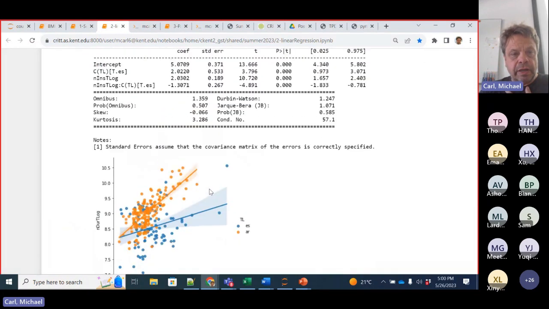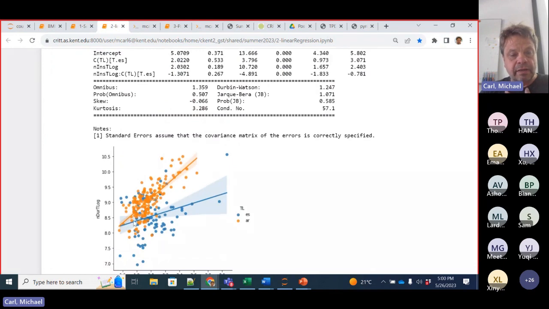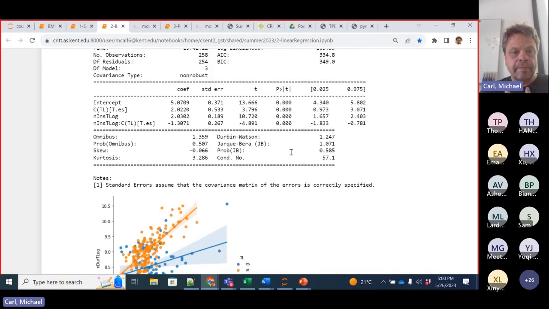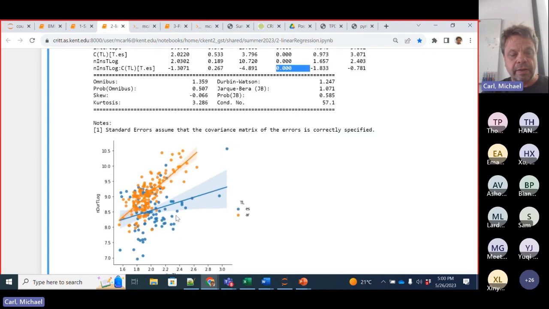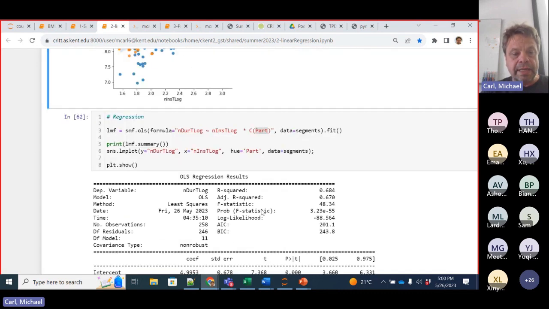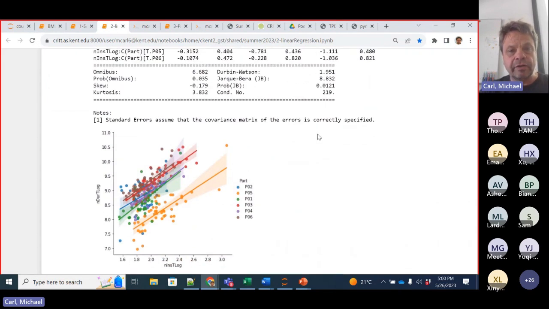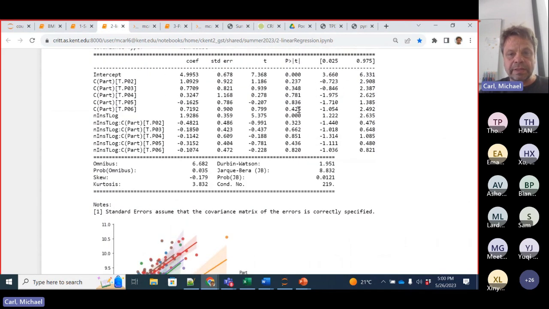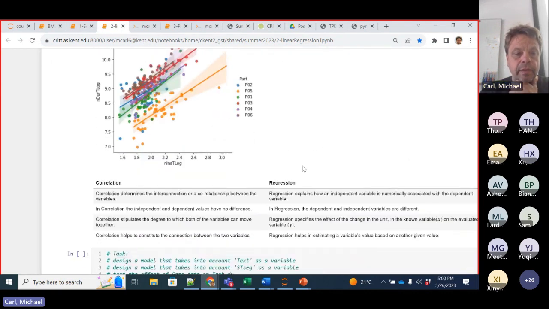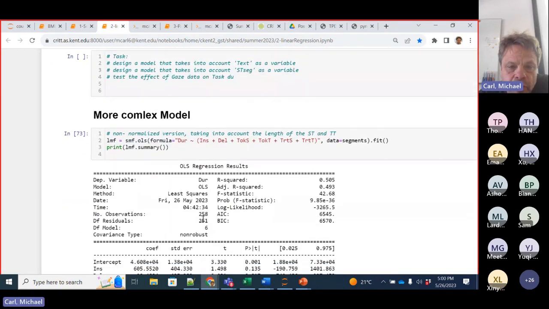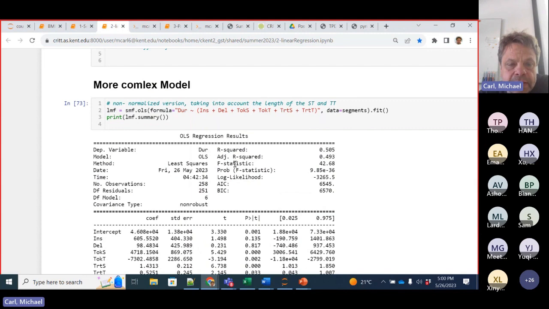And if we look into this thing here, we can see that the two slopes are very different. And that's also what it tells us here. So the two slopes are significantly different, and we can see this already with our eyes. And here all the slopes are the same, so there is no interaction effect, and that's also what this analysis shows us. One can also have much more complicated models.